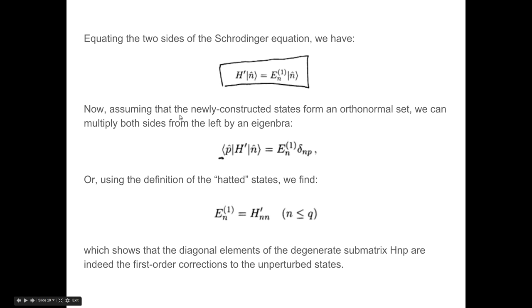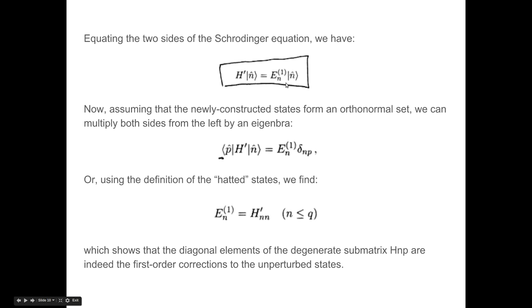Let's assume that we've constructed these states correctly, and they form an orthonormal set. Remember, these are eigenkets that diagonalize the submatrix, so they should be orthonormal, or orthogonal at least.